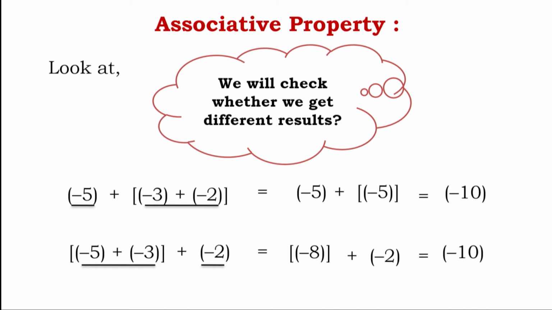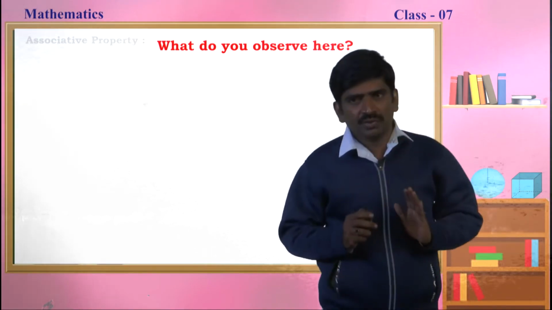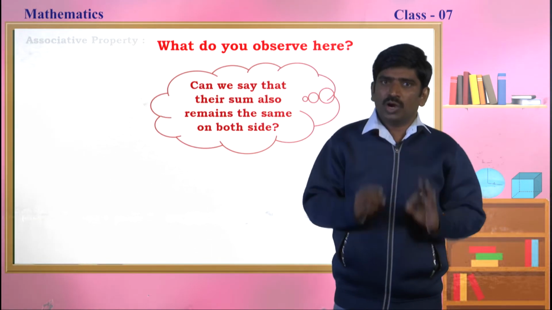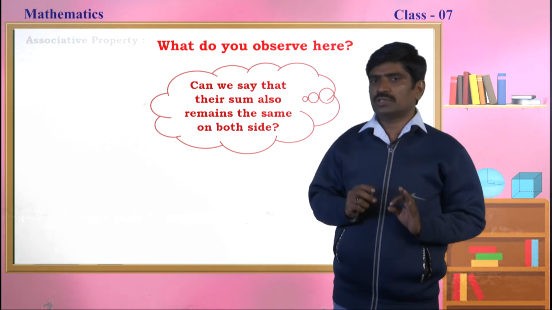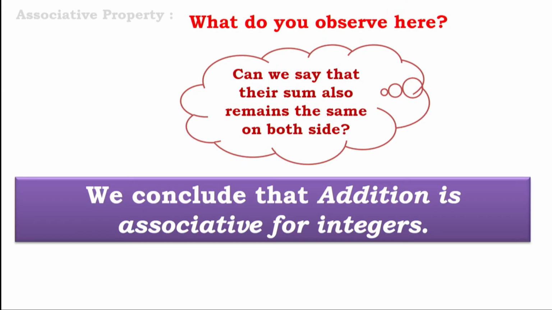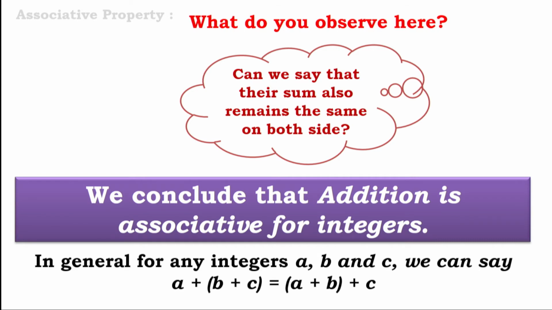Minus 10, minus 10, both are equal. What do we observe here? Can we say that their sum remains the same on both sides? Yes. We conclude that addition is associative for integers. In general, for any integers a, b and c, we can say a plus (b plus c) is equal to (a plus b) plus c.